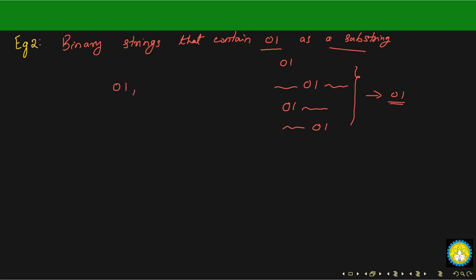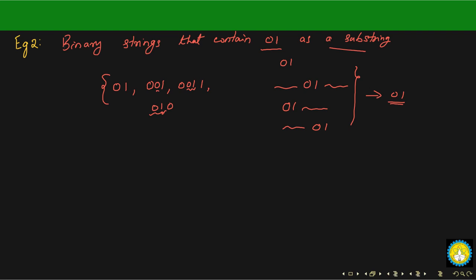So we'll look at some very basic examples of this language. 0 1 is acceptable. 0 0 1 is also acceptable. 0 0 1 1 is acceptable because you have 0 1 here. Also, 0 1 0 is accepted because you have 0 1 here in the beginning.